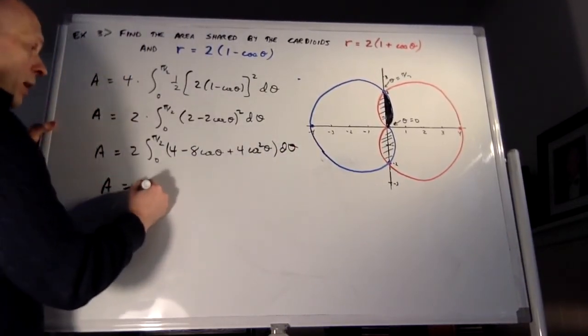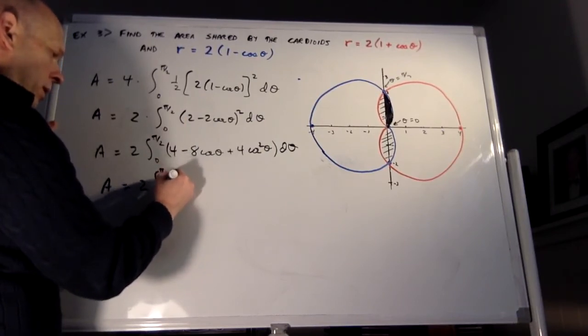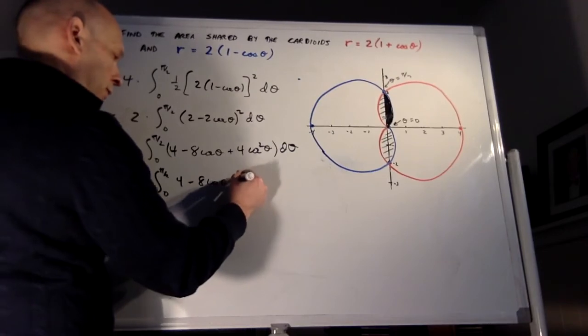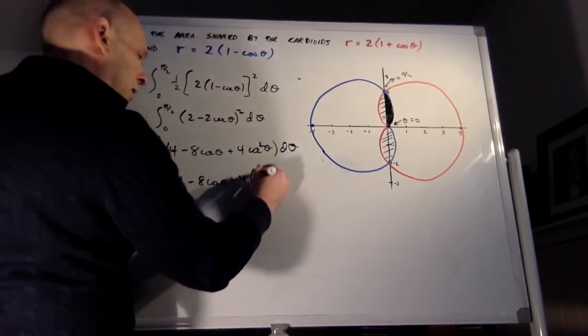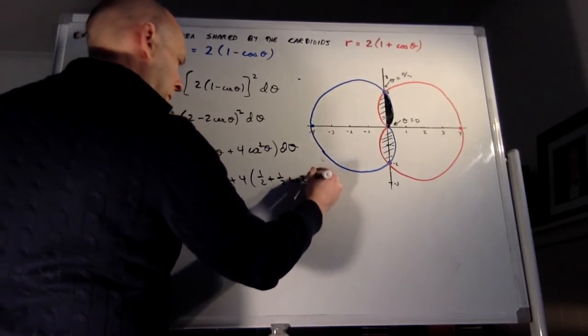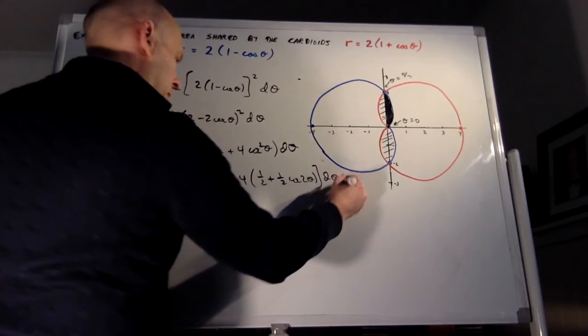So we have 2 times this integral, 0 to pi over 2 of 4 minus 8 cosine theta plus 4 times, well, there's our friend cosine squared again. What was that? 1/2 plus 1/2 cosine 2 theta, I'm pretty sure. And all of this d theta.